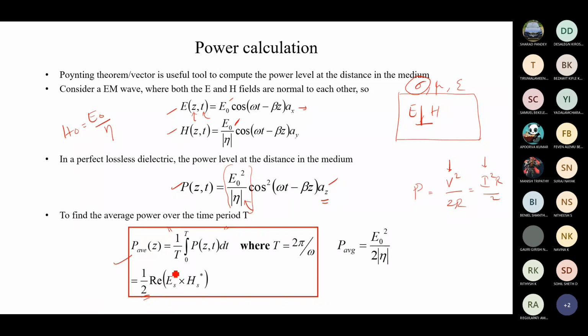And when you divide by 2, you will get the average power dissipated, the average power available within the given material for one particular period. So that is nothing but the power average. And as I already told, this integration over the time is anyway going to give unity, and you will get this simple average, which is nothing but E naught square by 2 eta.